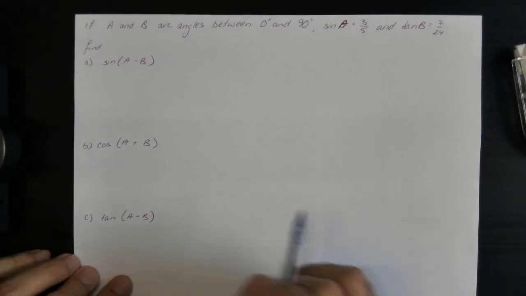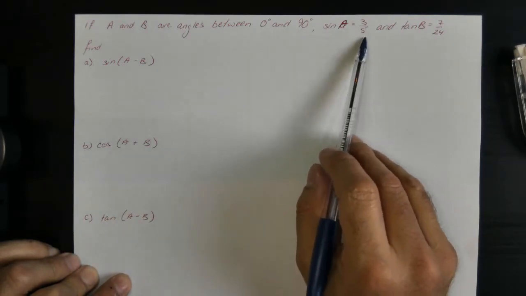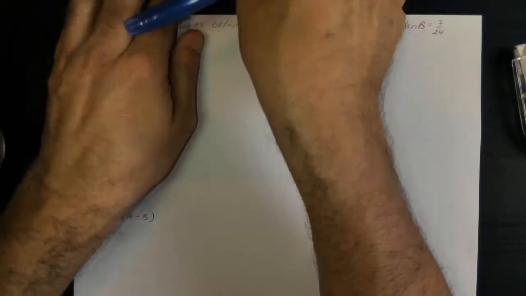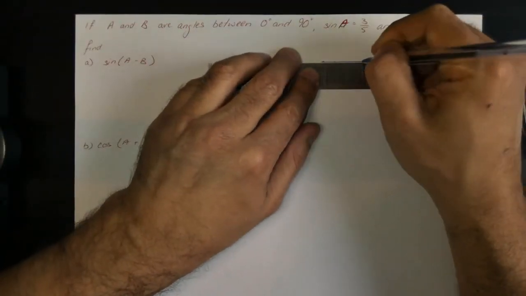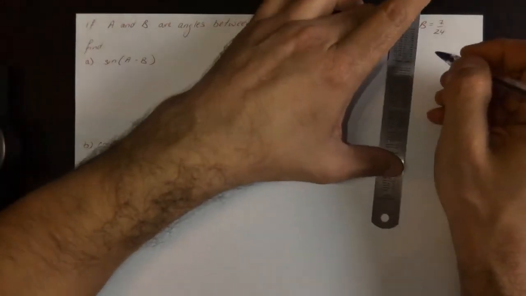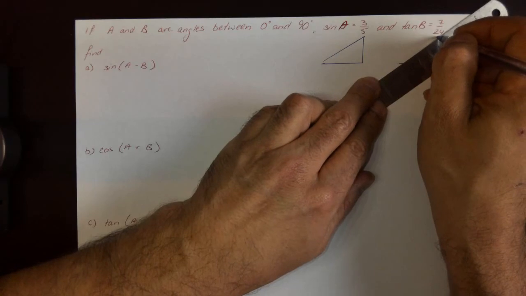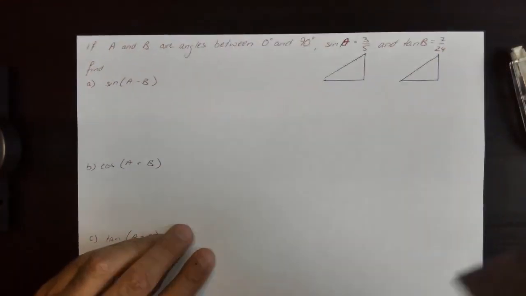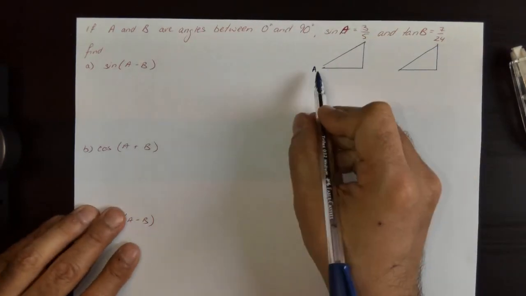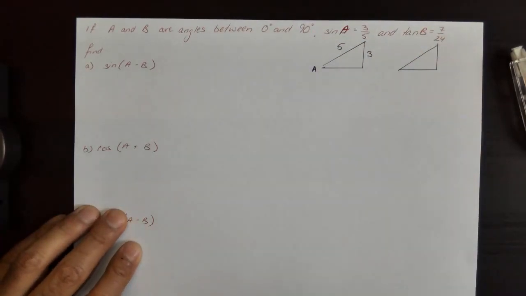Last page of examples. So if we have A and B, and they are angles between 0 and 90, sine A is 3/5 and tan B is 7 over 24. So the first thing I drew is two triangles. If this was A, sine A is 3/5, so opposite over hypotenuse.